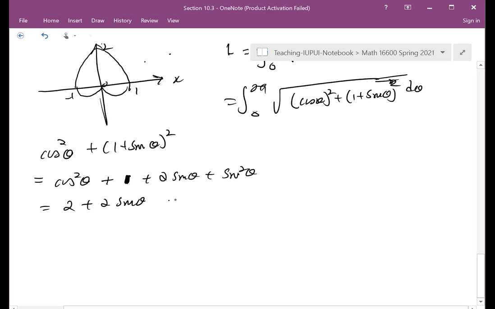But how can I do that? It's 2 times (1 plus sine theta). How can I express this as something squared, so I can get rid of the radical?